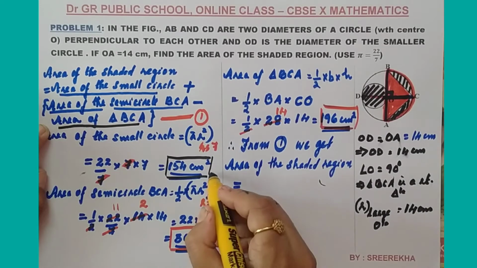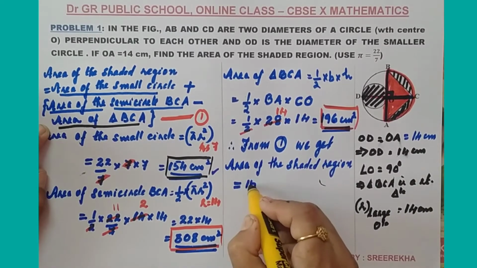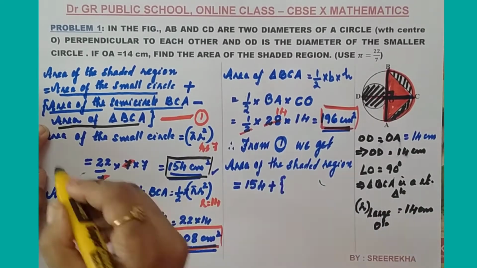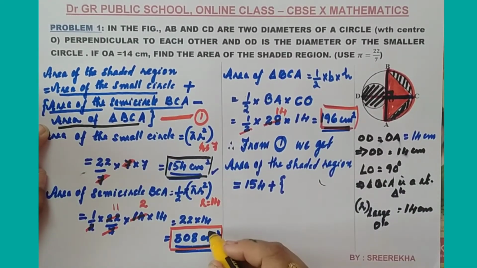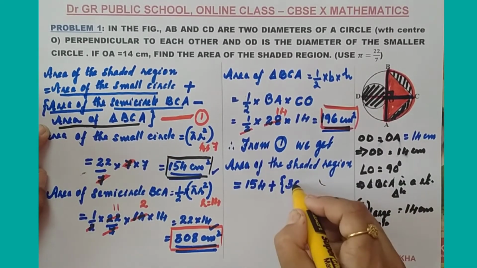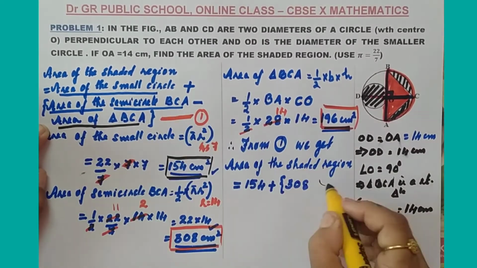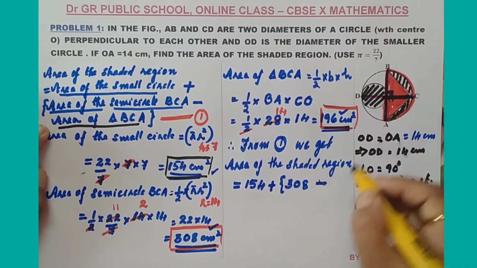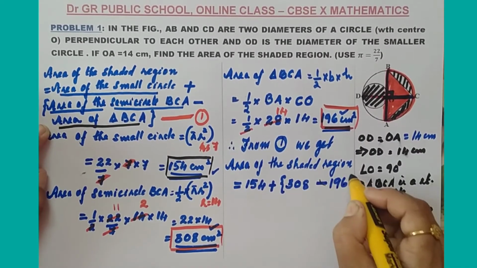What is the area of the small circle? 154 plus, put a bracket. What is the area of the semicircle BCA? 308. Then a minus sign. What is the area of triangle BCA? Triangle BCA area is 196.